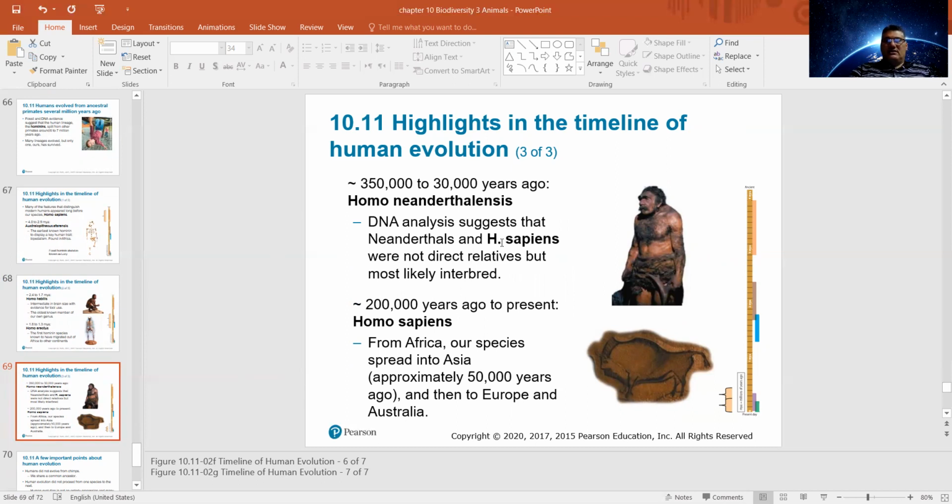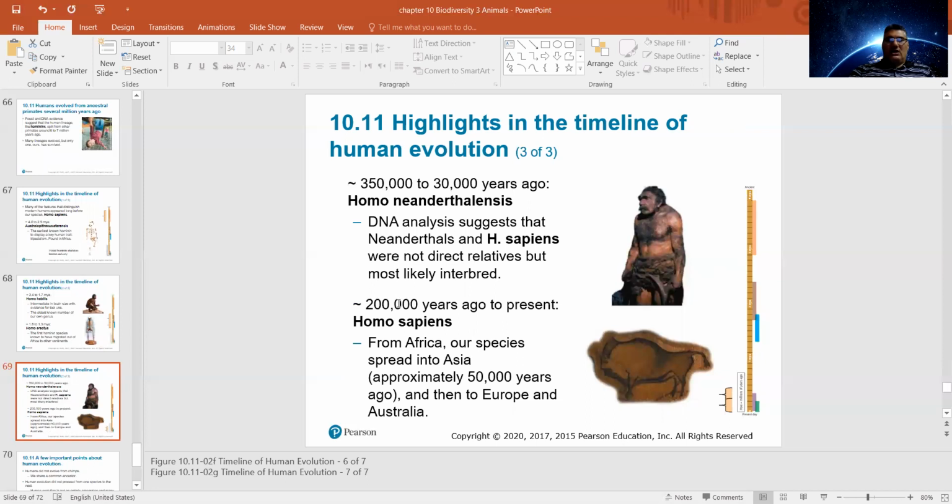They did some DNA analysis and found that Neanderthals and Homo sapiens are not direct relatives, but interbred. They came together to produce other species. So Homo neanderthals lived about 350,000 to 30,000 years ago.